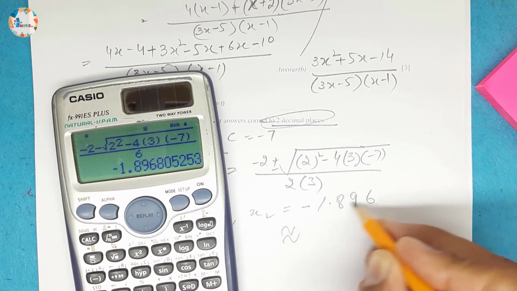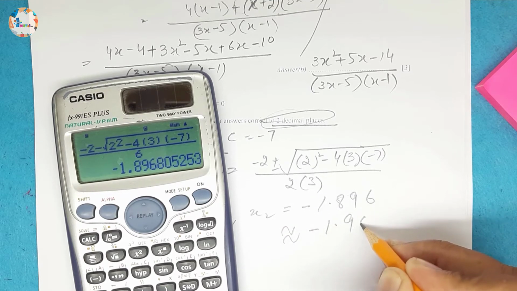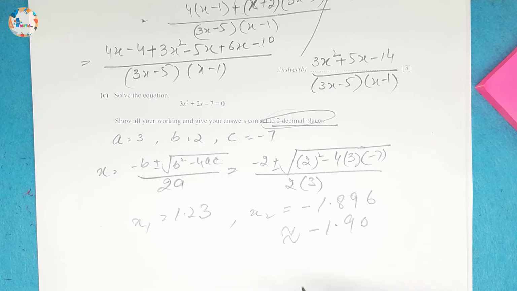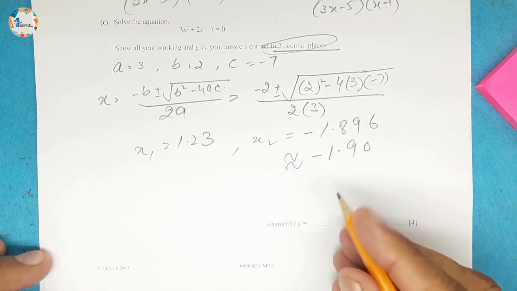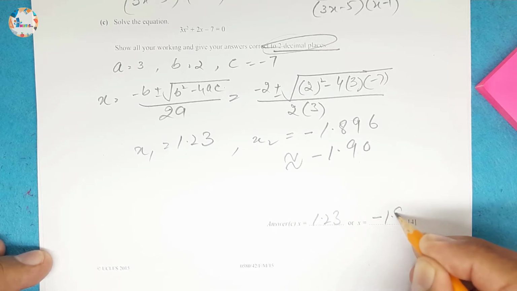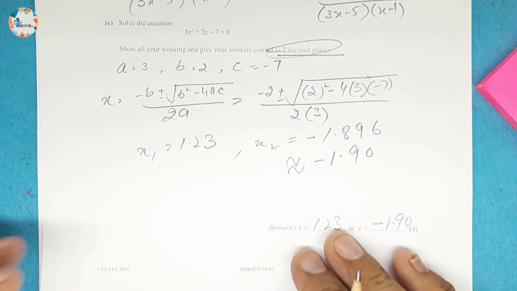Approximately we have to round up to 2 decimal places, so minus 1.90 up to 2 decimal places. So our final answer will be 1.23 and minus 1.90 up to 2 decimal places. Hopefully you got this.